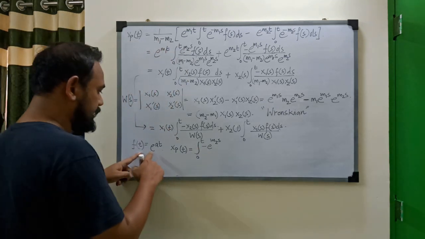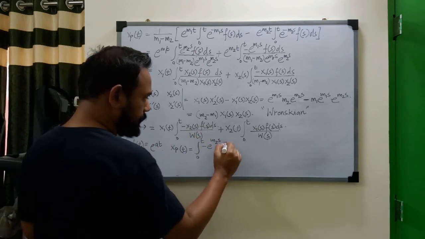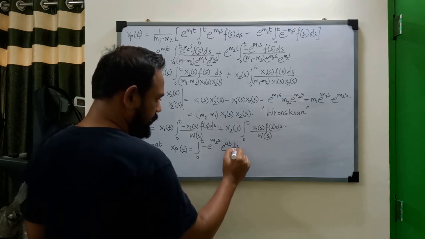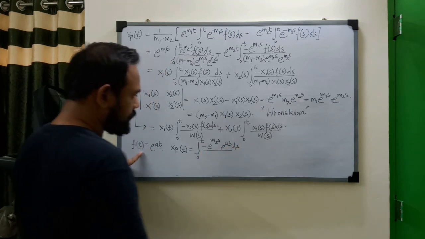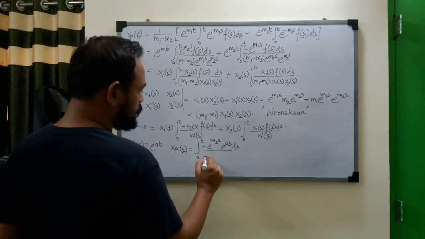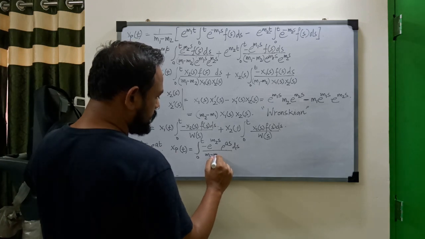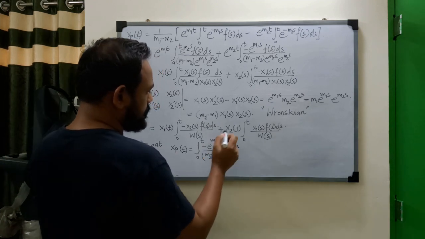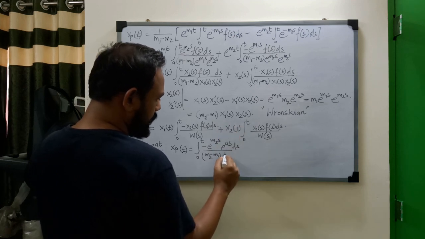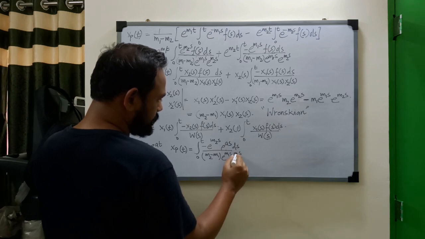The right hand side is now an exponential input, so f(s) is e to the power as, ds. And this is divided by the Wronskian, which is m2 minus m1, times e to the power m1s, e to the power m2s.